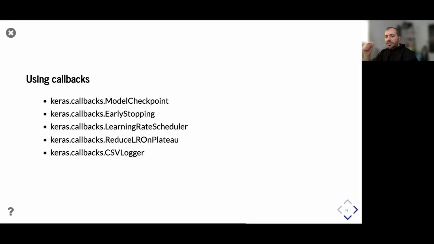In order to do these changes or to get this information, you use callbacks. So callbacks are called at specific stages of the training or evaluation process. And here you can see some of the most common ones for Keras.